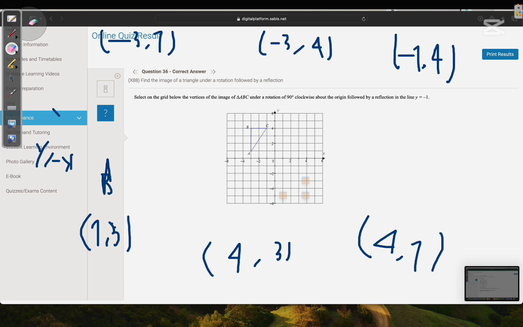So as we said here, the points are (1, 3), (4, 3), and (4, 1). Let's find out the distance. Here we have 2, so we move 2, so it's here. Then we find out the distance between B and the axis of symmetry. 1, 2, 3, 4.